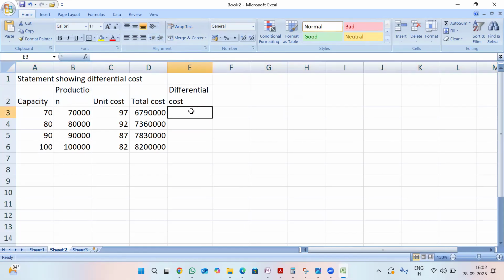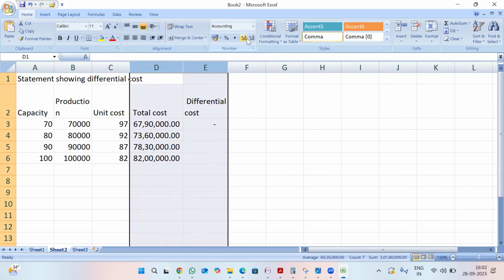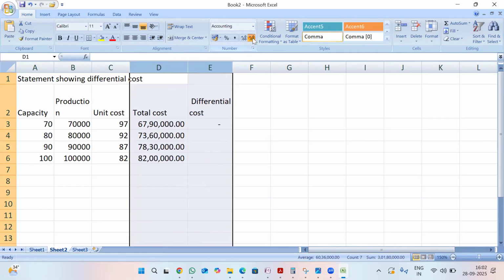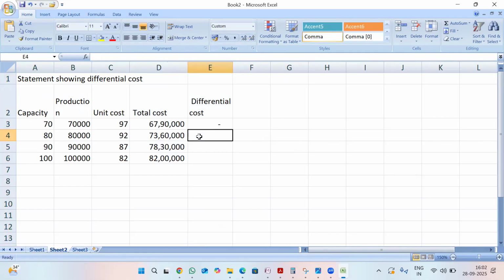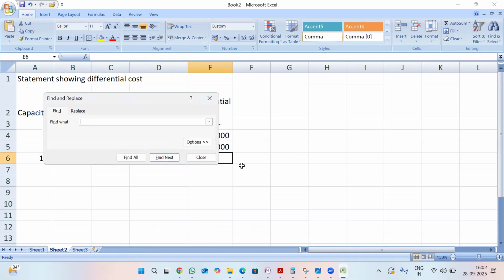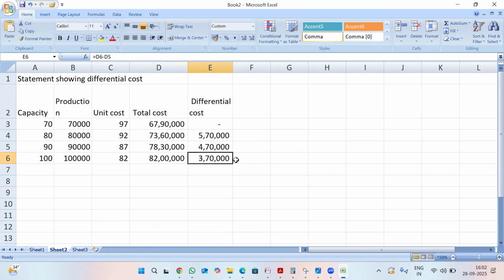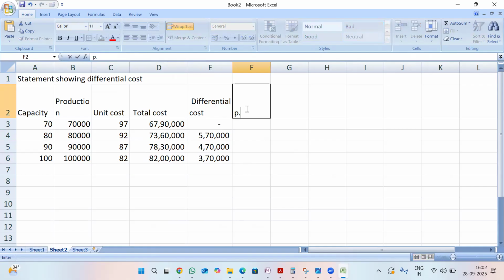So differential cost here will be no differential cost, obviously. So at this level, 73 minus 67, 90,000. So here 5 lakh 70,000 and here it is 4 lakh 70,000. Here it is 3 lakh 70,000. So now I'm going to calculate differential cost per unit.